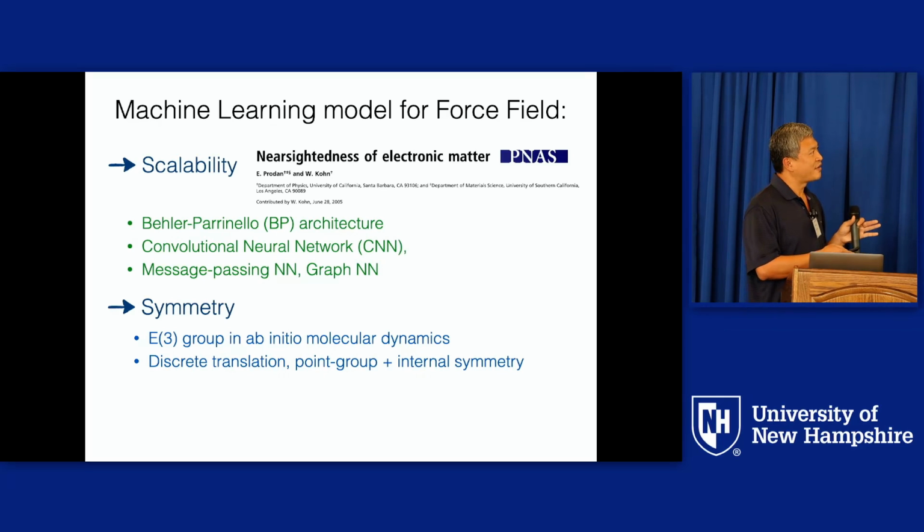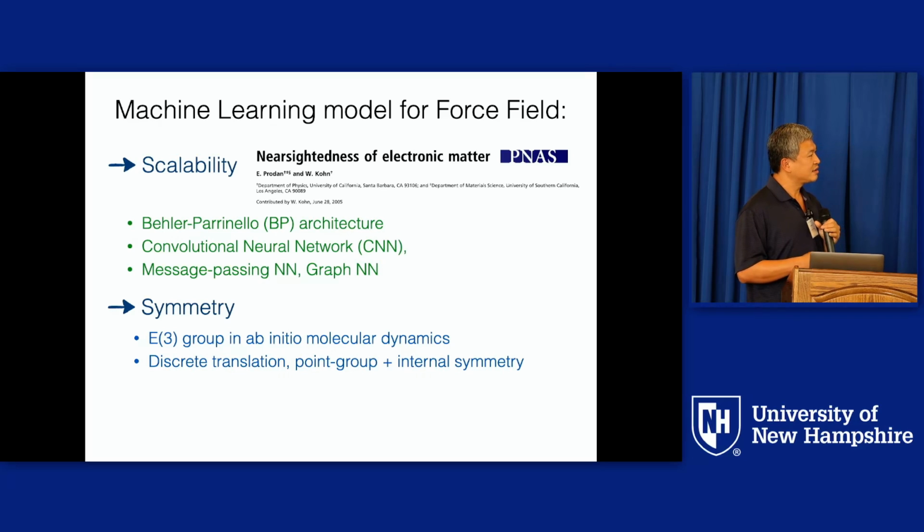So if we want to develop a machine learning model that provides a much more accurate alternative to these classical force field models, then our model also has to respect all the symmetries. In molecular systems, the most important symmetry is the three-dimensional Euclidean symmetry. Essentially it's translation, rotation, and also permutation symmetry of atomic species.